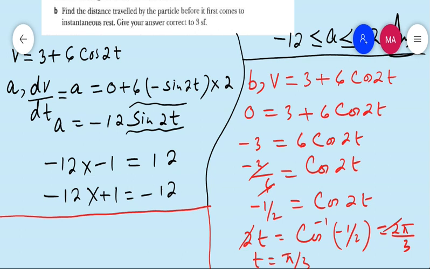Find the distance traveled by the particle before it first comes to instantaneous rest. So it is very easy. The value of v is 3 + 6 cos 2t.